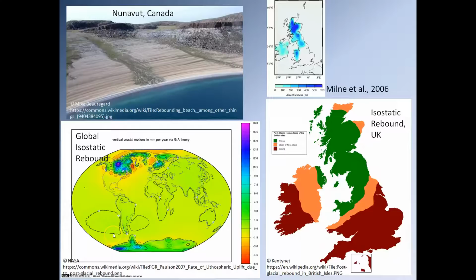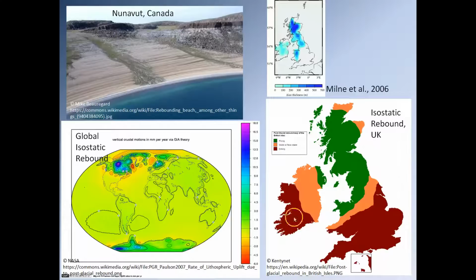Now, if we look at the United Kingdom, this diagram shows you the areas that would have been under ice during the last ice age. If we look at the United Kingdom now, the areas that are undergoing isostatic rebound, so they're rising, are marked in green, and the areas that are sinking are marked in red. The United Kingdom is actually acting like a giant seesaw.